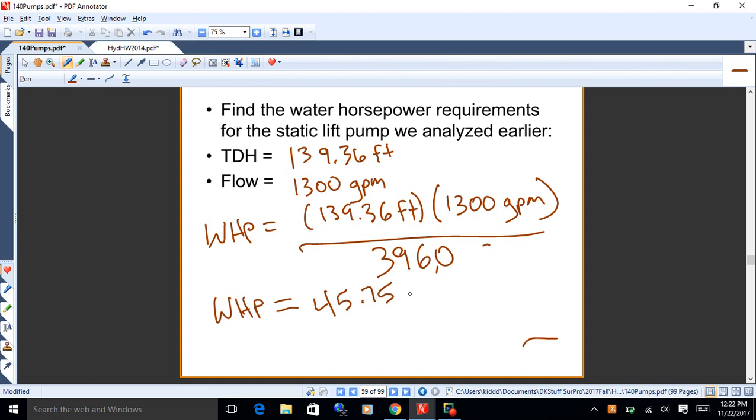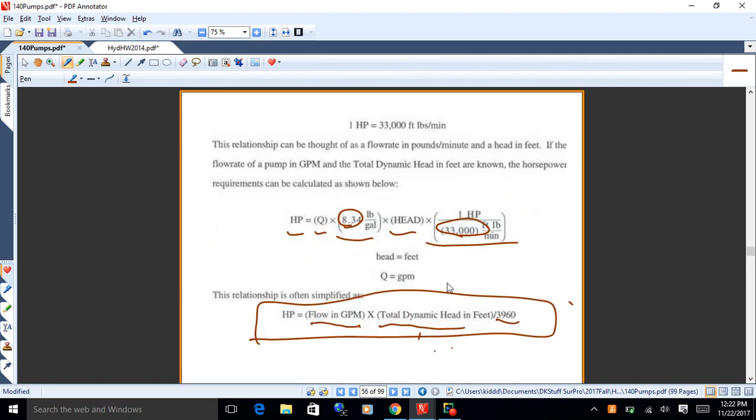It's got the 8.34 pounds per gallon and the 33,000 foot-pounds per minute per horsepower embedded in it, so it converts everything right to horsepower. When you do this, you get water horsepower.